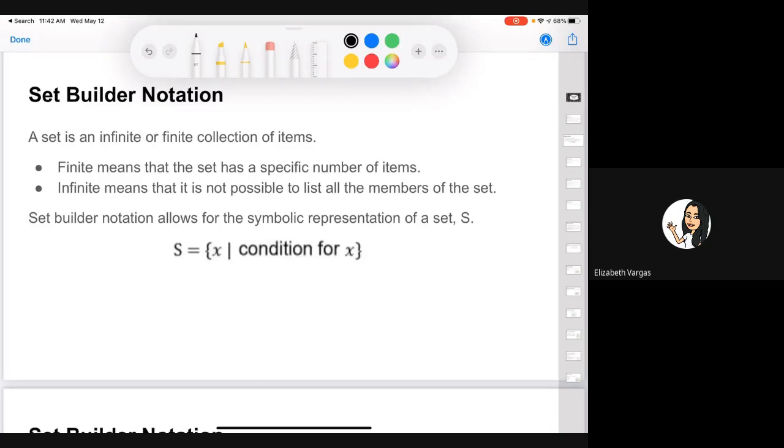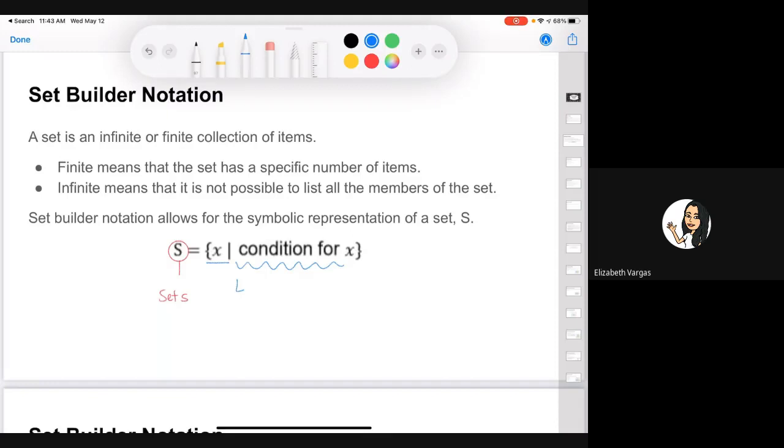Set builder notation allows us to symbolically represent a set. So for example, we're going to see different sets in this notation. Basically, what this tells us is that we have a set S, which has elements X, where X meets these specific conditions.